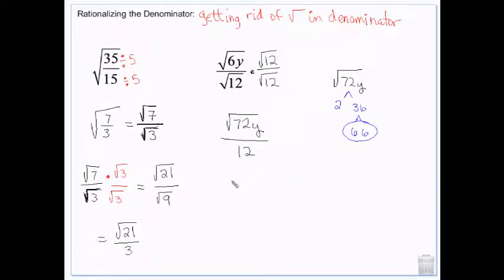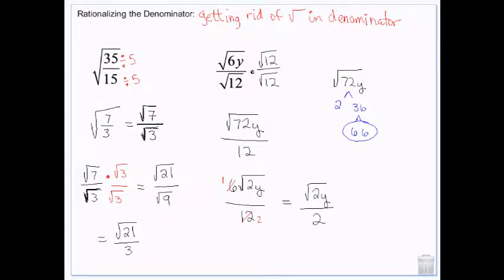So this becomes 6 times the square root of 2y over 12. And 6 over 12 will reduce. So this becomes the square root of 2y over 2. Now, this 2 and this 2 don't reduce. You cannot reduce a number inside the radical with a number outside of the radical. They have to either both be inside or both be outside. Okay, so this is done. You can't reduce it any further.